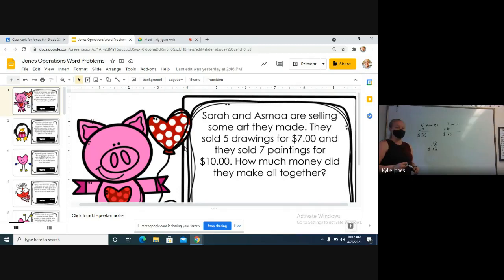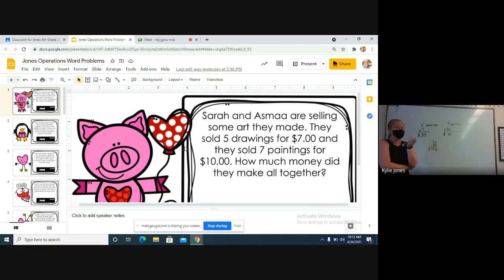Yeah. I think it's confusing because it doesn't say each. It looks like they sold 5 drawings for $7. You are correct. I thought you just added. It could have been just 7 plus 10. That's a good point. I'm sorry, it's more right because it doesn't say they each, right? It doesn't say per drawing. It just says they sold 5 for $7.